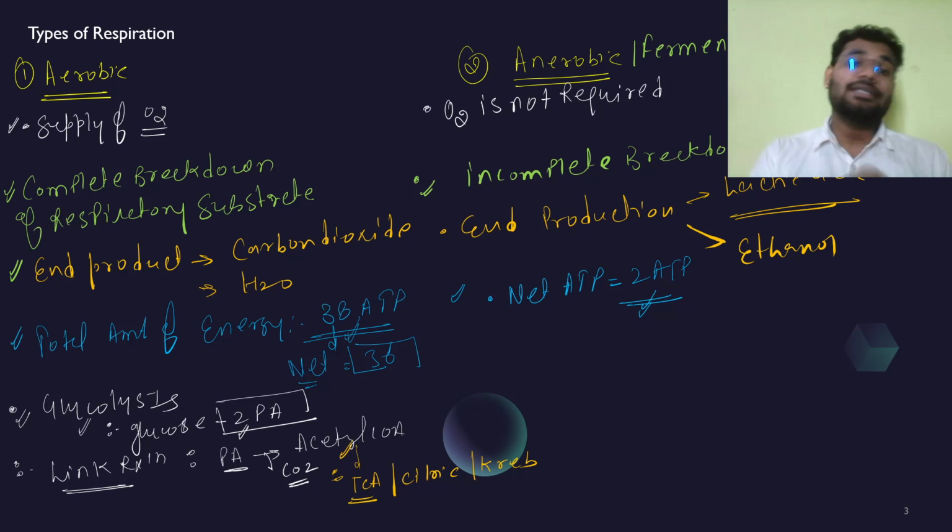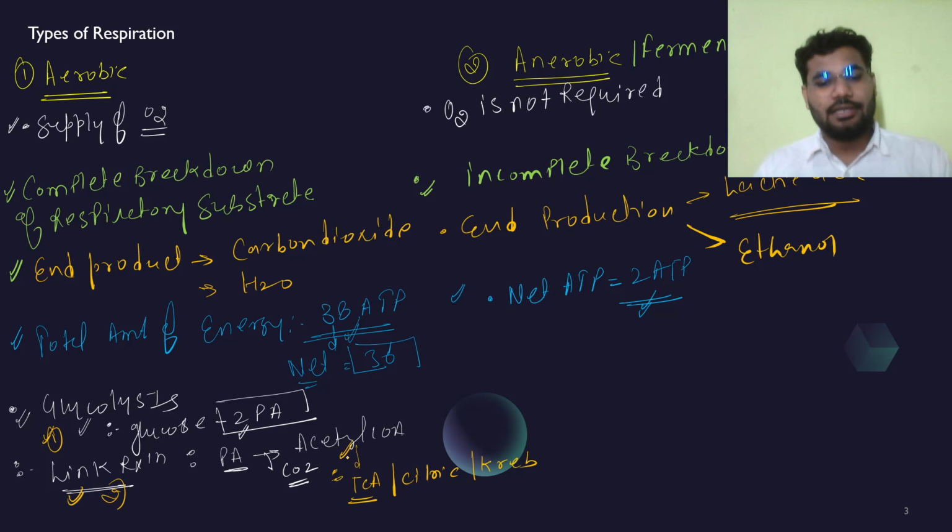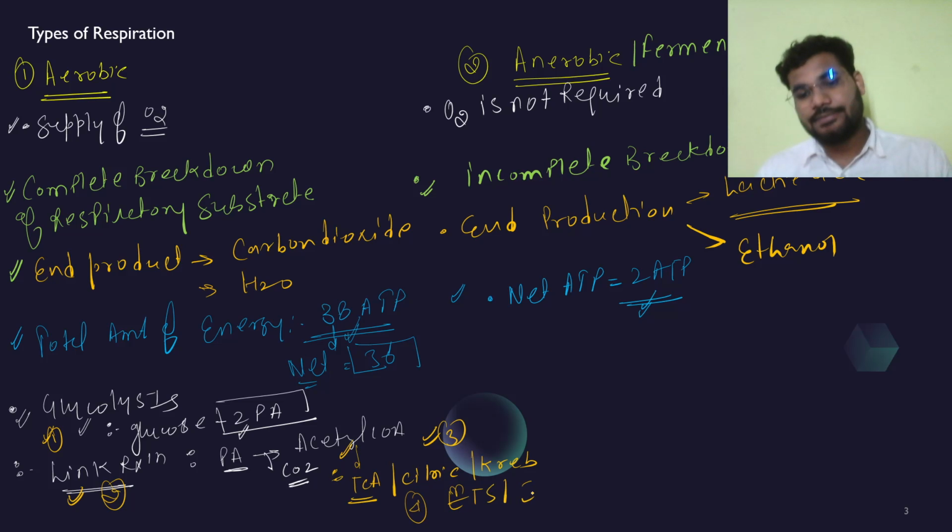Now, another step after the TCA cycle is the electron transport chain. TCA occurs in the matrix of the mitochondria, and the next step is the electron transport chain. So glycolysis is the first, link reaction is the second, TCA is the third, and the fourth is called ETS or ETC, the electron transport chain or electron transport system.